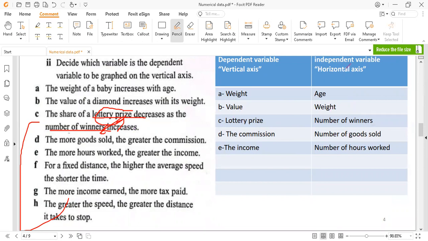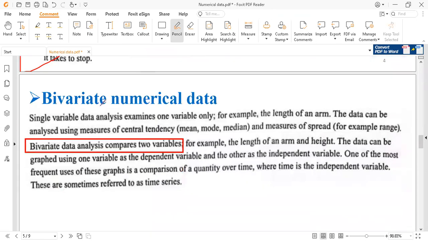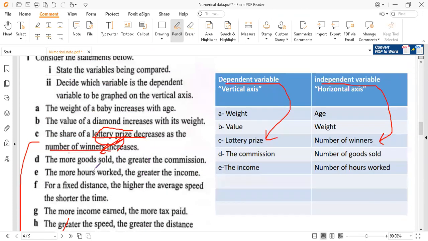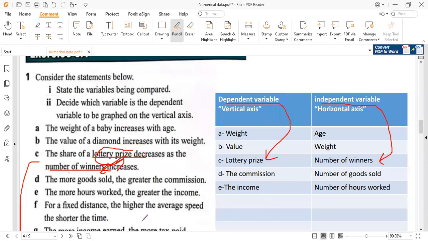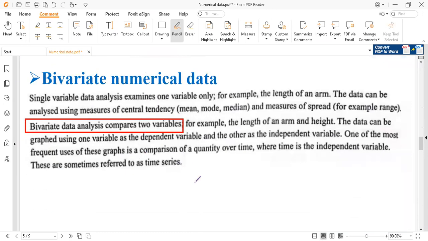The independent variable is the number of winners, and the dependent variable is the lottery prize, because when the number of winners increases, it has a negative impact on the lottery prize, which decreases. You can do the remaining examples by yourself.